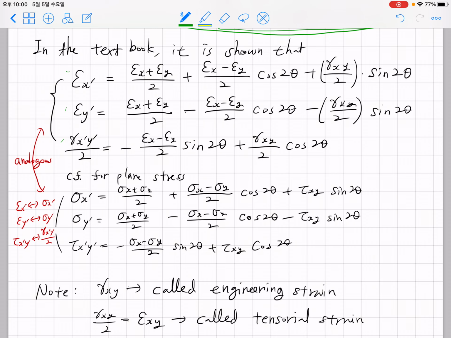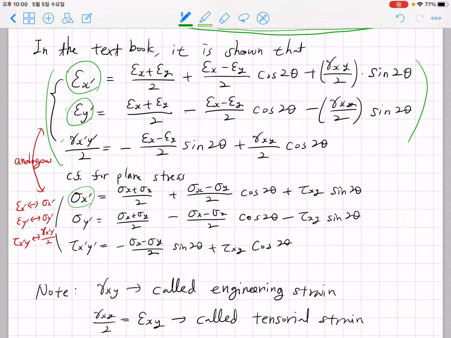We can derive this relationship in a quite similar manner to how we obtained the relationship between stress values. And if you compare the equation for strain with the equation for stress, we find a huge analogy. If you see the epsilon x prime expression, it's in an analogous location with sigma x prime.